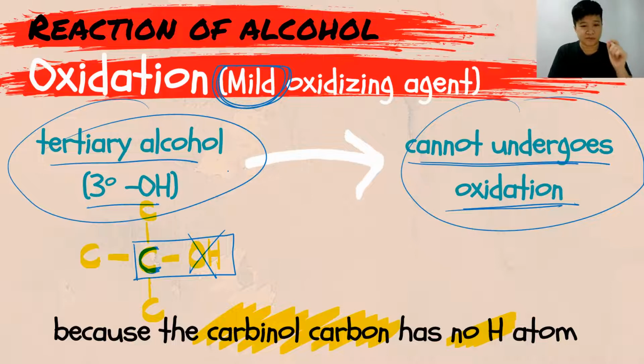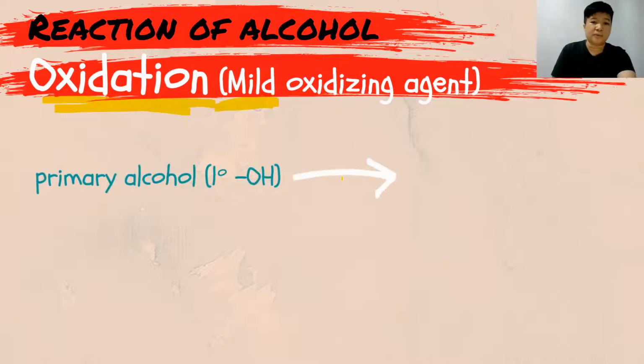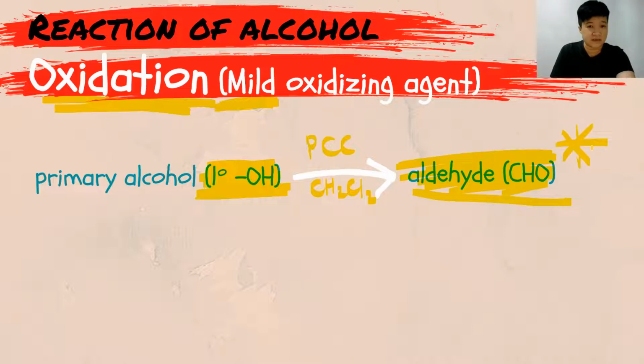Alright? Simple. The summary for the oxidation by using mild oxidizing agent is your primary alcohol will become aldehyde when you are using PCC in inert solvent. And this, to be honest, is the only change compared to your strong. This is the only thing that's different from your strong oxidizing agent.